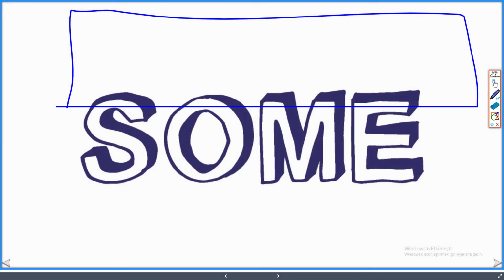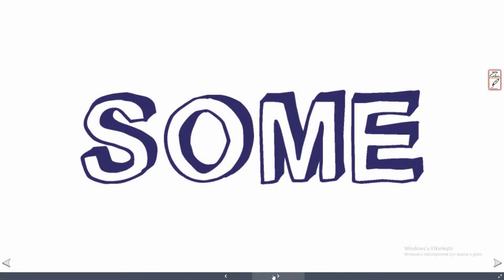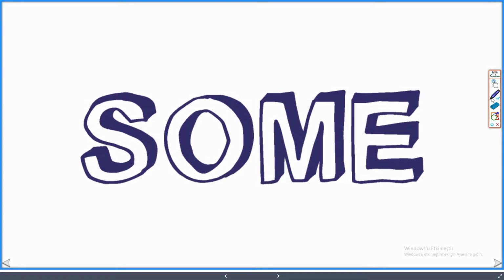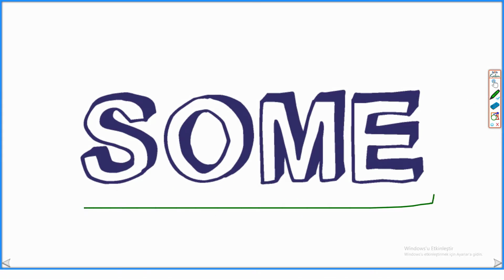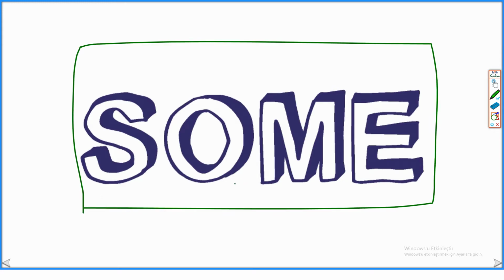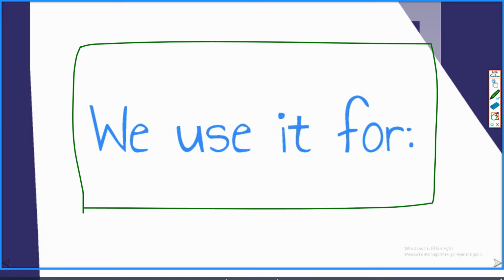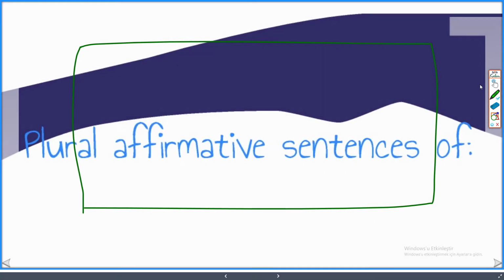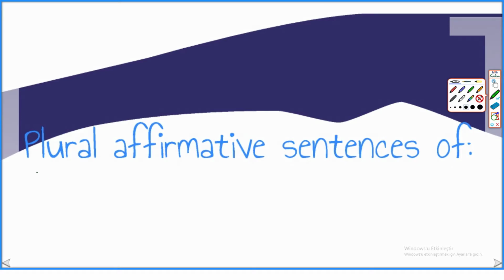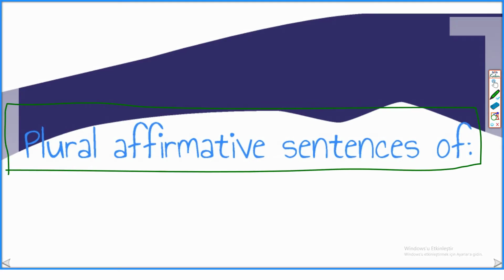And we have some. Remember that in the last session I told you about some, any, and an. We use some only in affirmative sentences, and we use it for both countable and uncountable nouns. We use it for plural affirmative sentences.